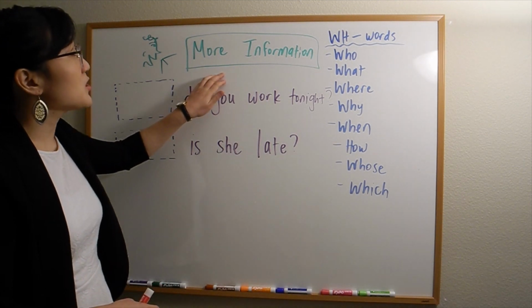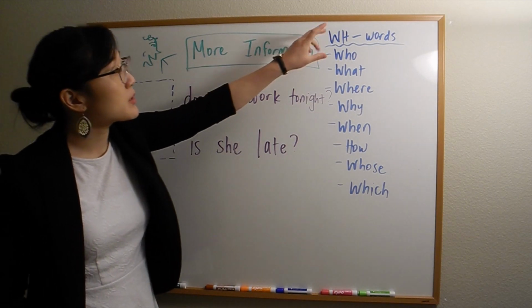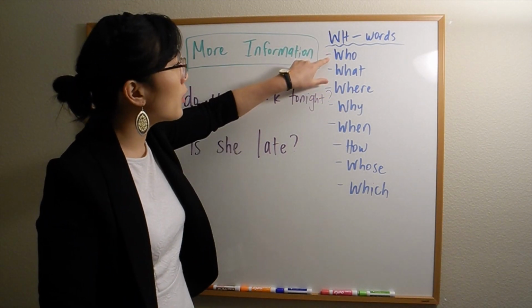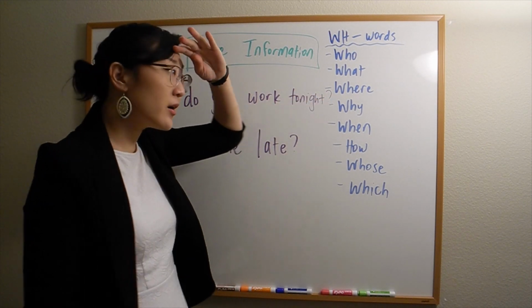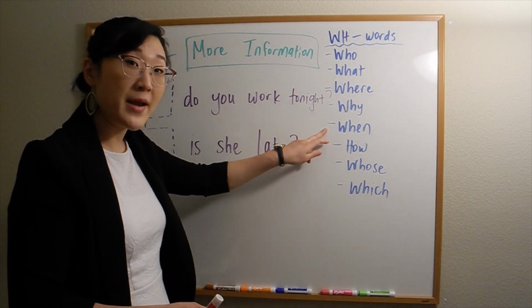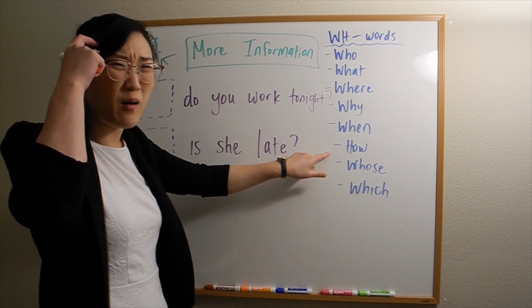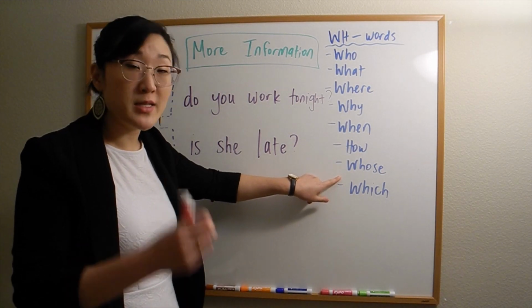We can change the intonation. We can change the answers if we put these WH words, who, what, where, right? Where, location, place, why, when, time, how, whose. Whose is for possession, remember?